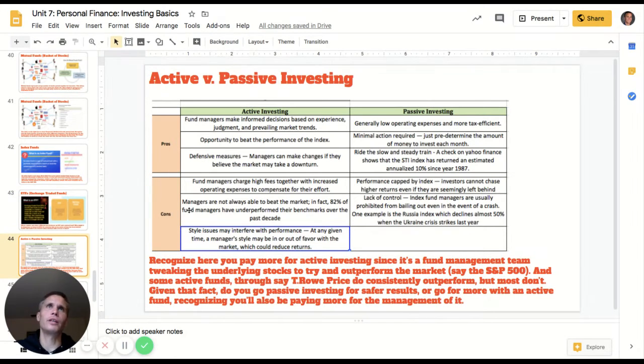At this point, I think it's really important to understand that there are two very different types of investors in the stock and bond markets. There are what are called active investors and passive investors. Now, when we're looking at index funds like the S&P 500 or something like it, recognize that we're looking at passive investing.